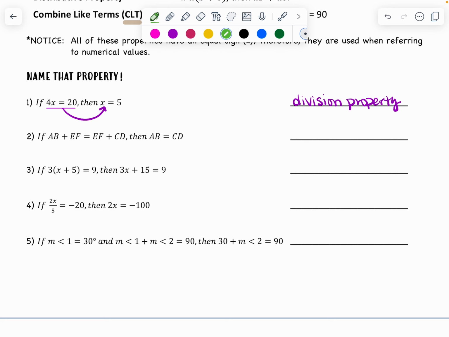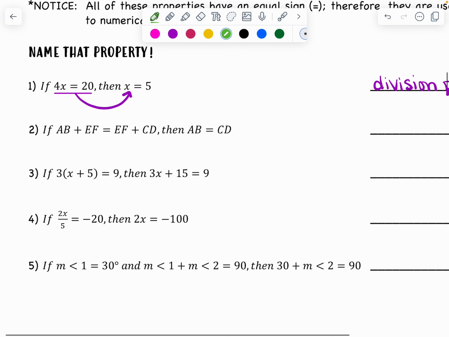All right, this next one is the hardest one. AB plus EF equals EF plus CD. If I know this is true, how can I conclude that AB must equal CD? Now, most students' first response is the transitive property, which I totally see how that looks like the transitive property, but it is not. The reason it's not is because of these plus signs.